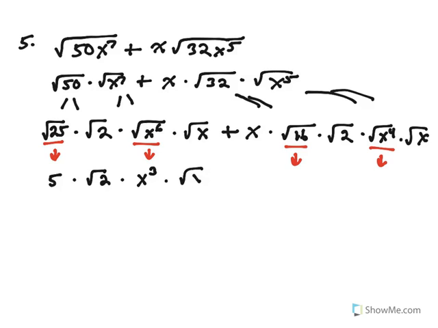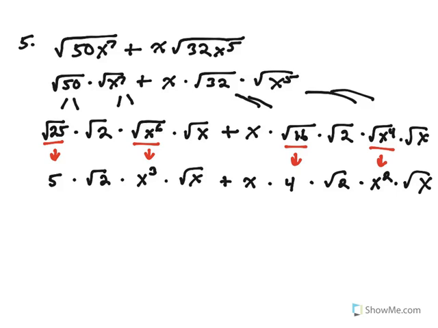Square root of 16 is 4. Square root of x to the 4th power is x squared. And now we've simplified everything we possibly can.